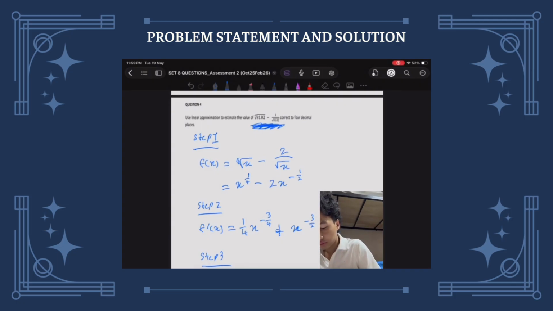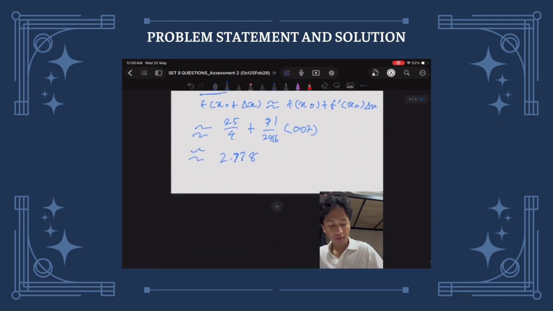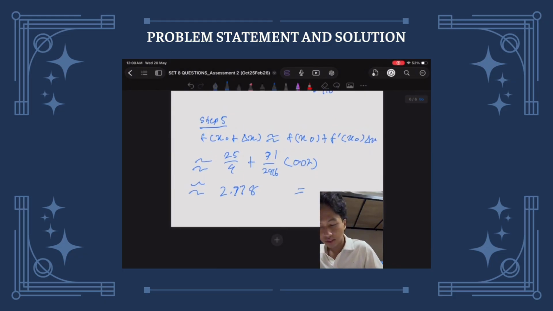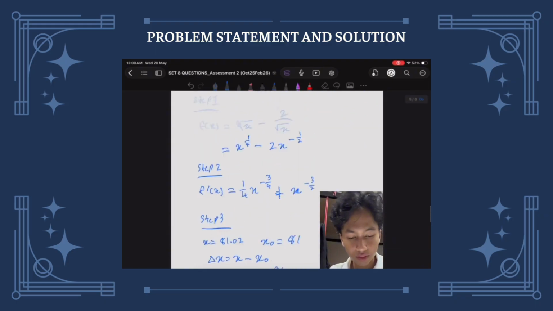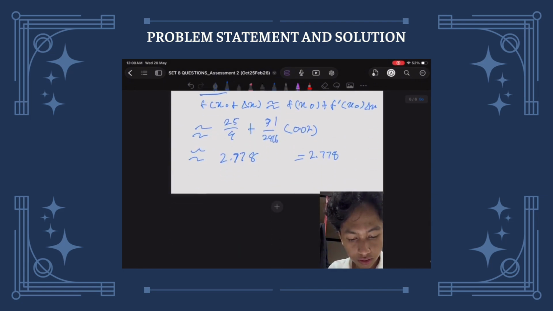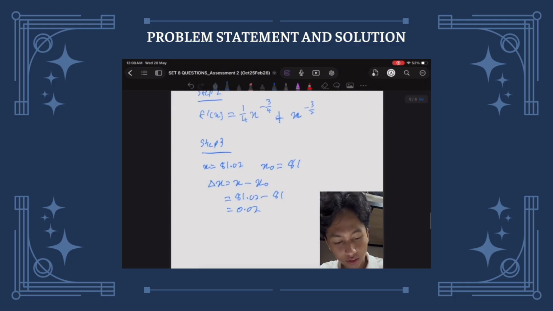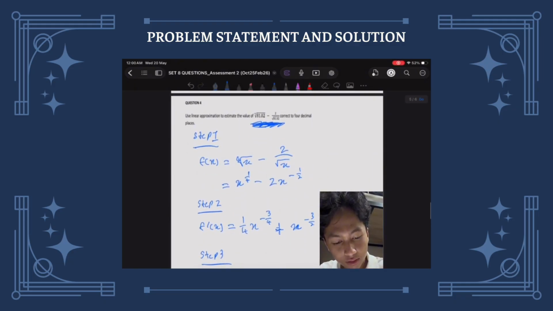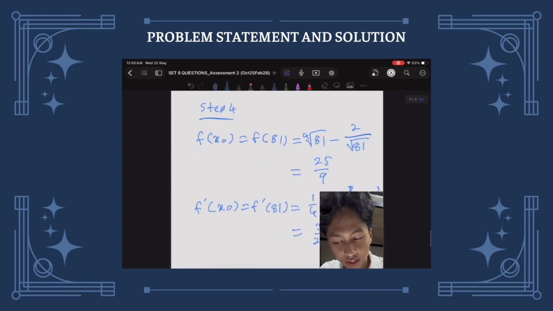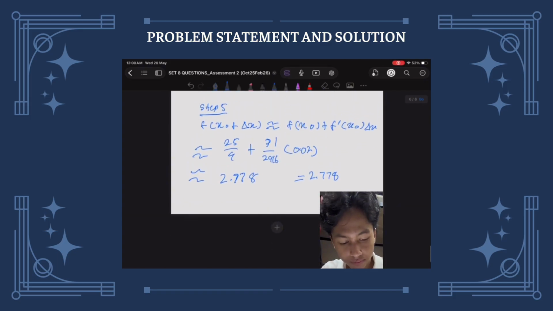So the fourth root of 81.02 minus 2 over the square root of 81.02, and we get 2.778.